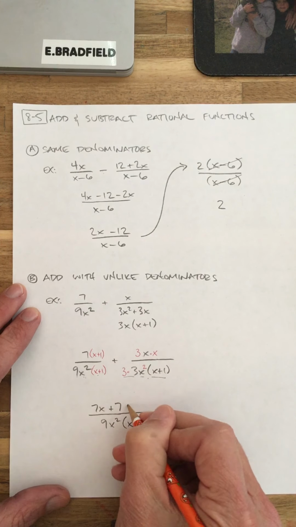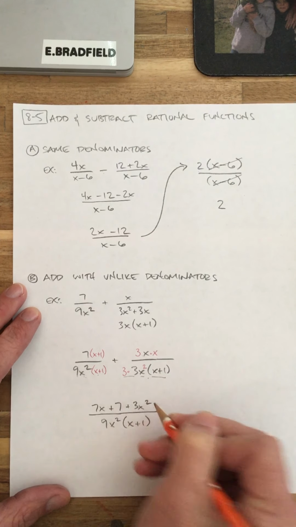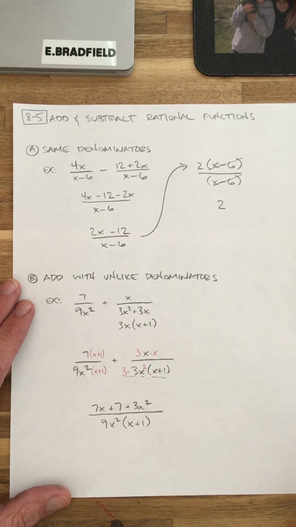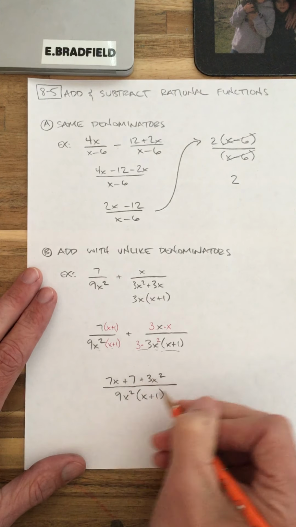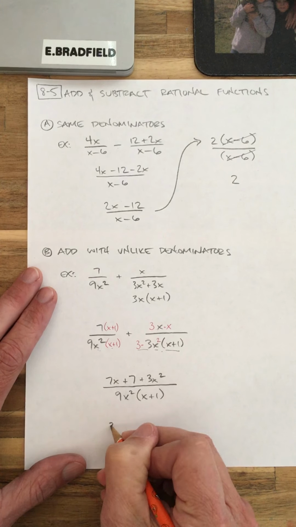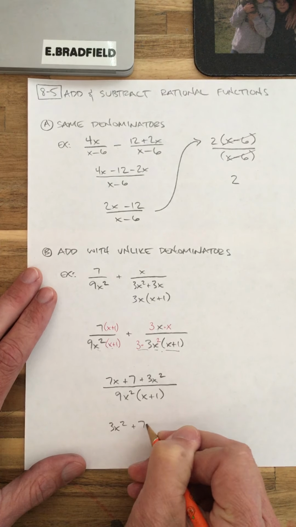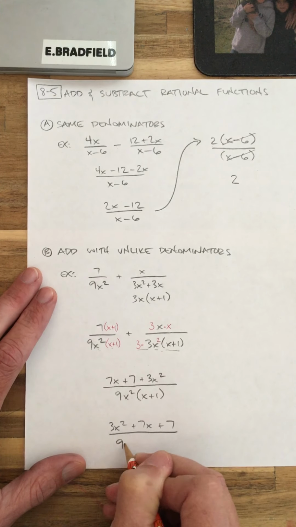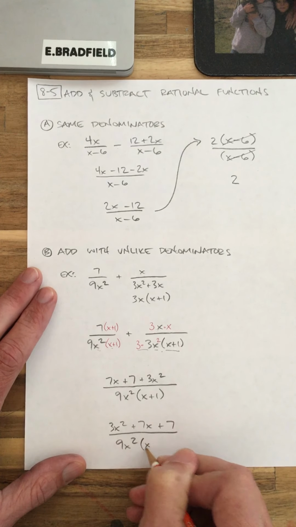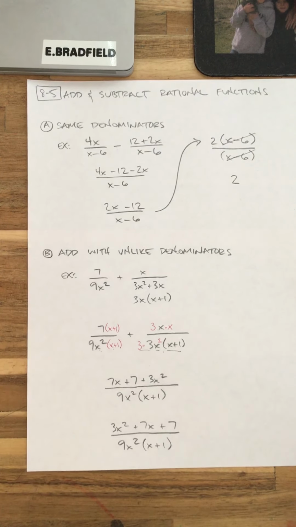Plus 3x squared. All right, and there's really nothing else you could do here except this. We have standard form. So it's going to be 3x squared plus 7x plus 7 over 9x squared times x plus 1. Okay? Now there's one last thing we need to do.